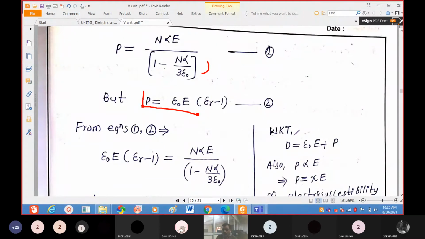We already know the displacement D equals epsilon naught E plus P, where P is the polarization. That polarization P is proportional to the applied electric field E.